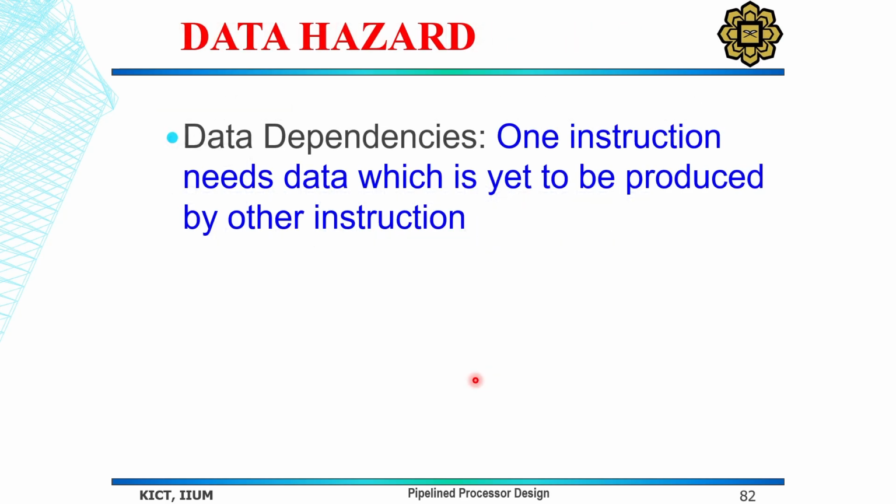The second hazard is called the data hazard. It is about dependencies of the data. So one instruction needs data which has not yet been produced by another instruction. So let me explain what it means.